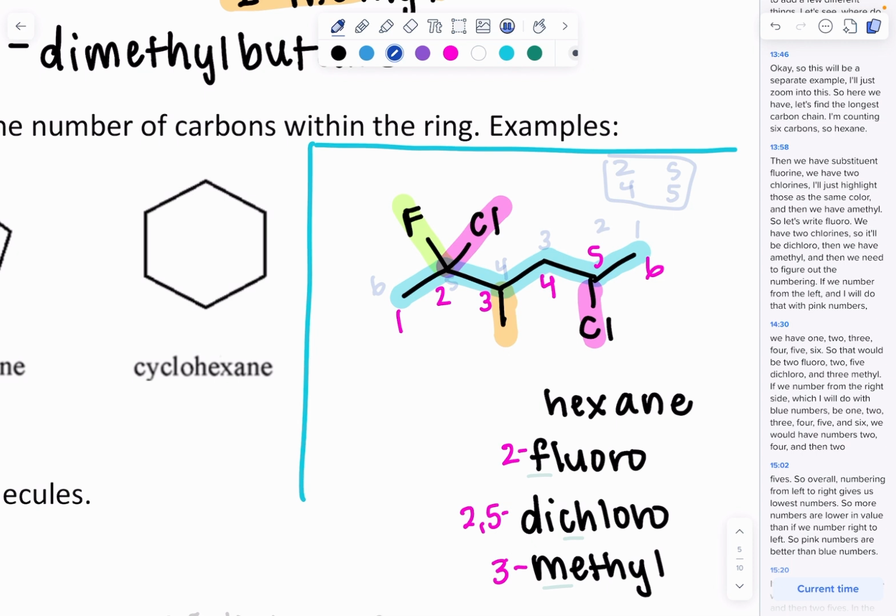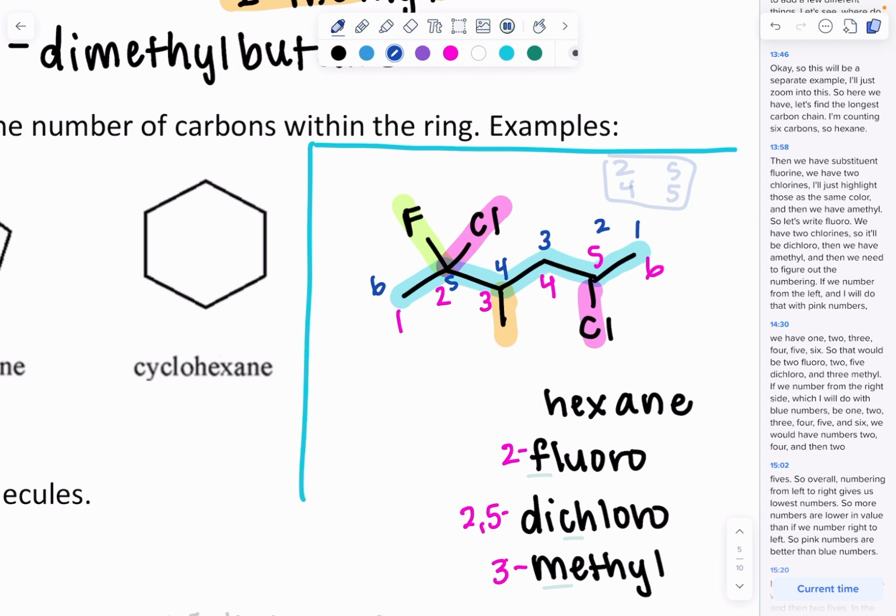If we number from the right side, which I will do with blue numbers, 1, 2, 3, 4, 5, and 6, we would have numbers 2, 4, and then 2 5s.